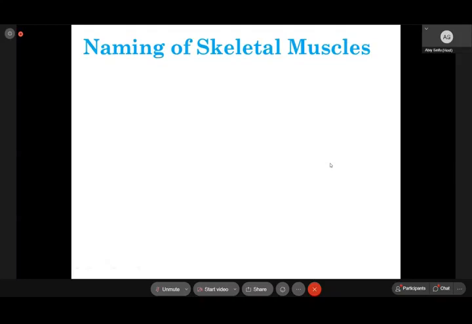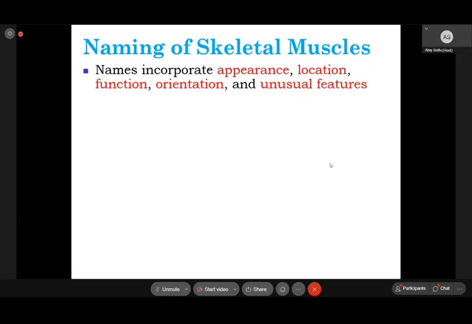Now let's continue to the naming of skeletal muscles. The name of a muscle may give a clue about its appearance, that means the shape of the muscle, or its location, where it is found, and its action, and the orientation of the fibers.